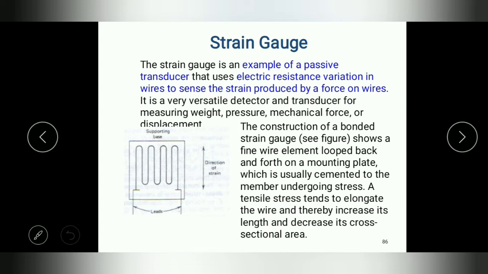The construction of a bonded strain gauge, as you can see in the figure, shows a fine wire element looped back and forth on a mounting blade. We have a mounting blade on which the force is applied, and on top of it this strain gauge is looped back and forth. That mounting blade will be undergoing some stress.